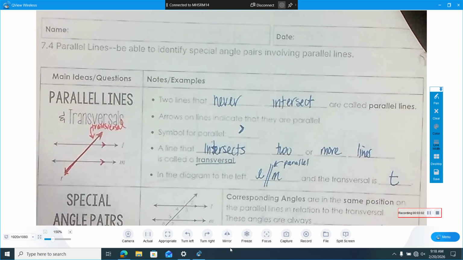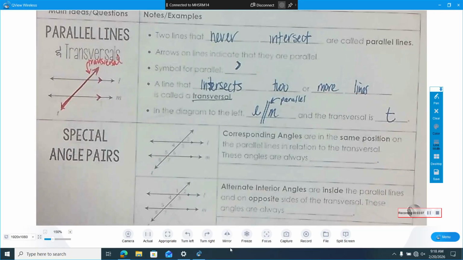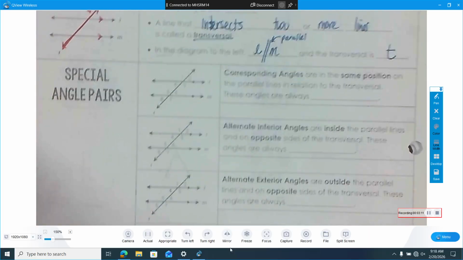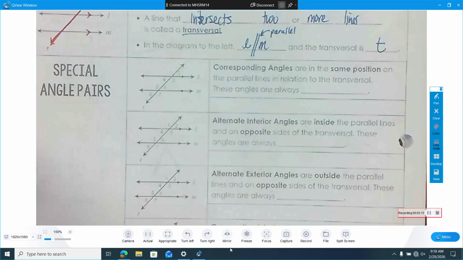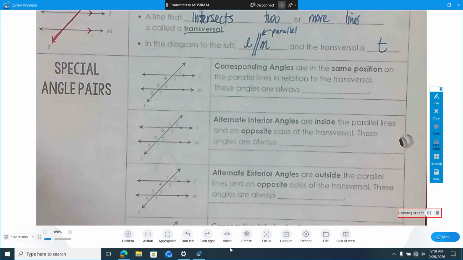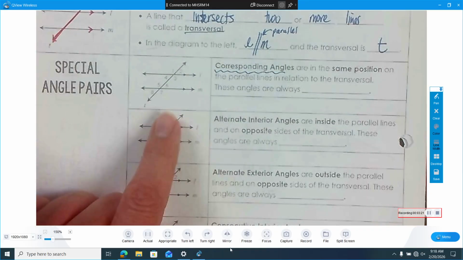So we have some special angle pairs that have to do with parallel lines. All of these are special angle pair names that we want to make sure that we know really, really well. So first we're going to talk about corresponding angles. And I think these are the most important ones. If you know corresponding angles, we can figure out everything else pretty easily.